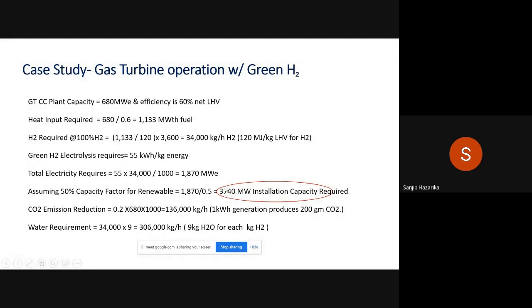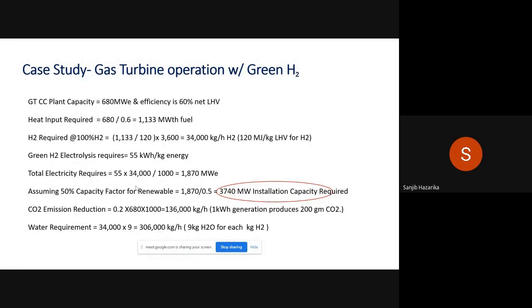So this is a huge number for installation capacity. That's basically one of the challenges to produce so much hydrogen to run such a power plant at utility scale. And also the water requirement is around 306 tons per hour for the electrolysis process.